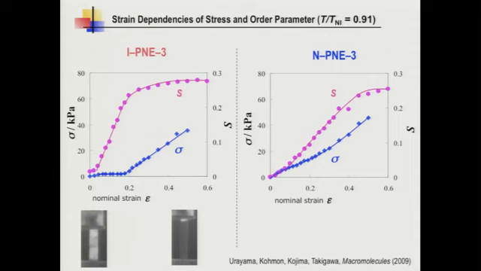After this, the stress increases again. But in the case of nematic genesis, the stress gradually increases with the strain. There is no plateau. Also in this case we see a plateau of the order parameter, but in the monodomain state the molecular order is almost similar.